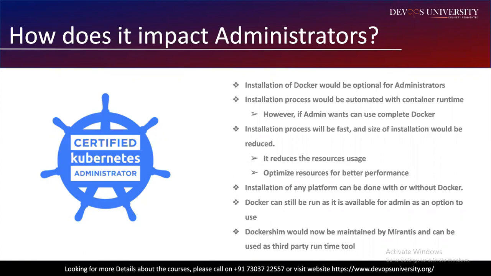So now it would reduce the size of the installation, and it would reduce the use of resources, because suppose we have limited resources over cloud. We have bought some gigabytes of storage, some processing units and some memory. We are going to divide those resources among various processes and various containers.